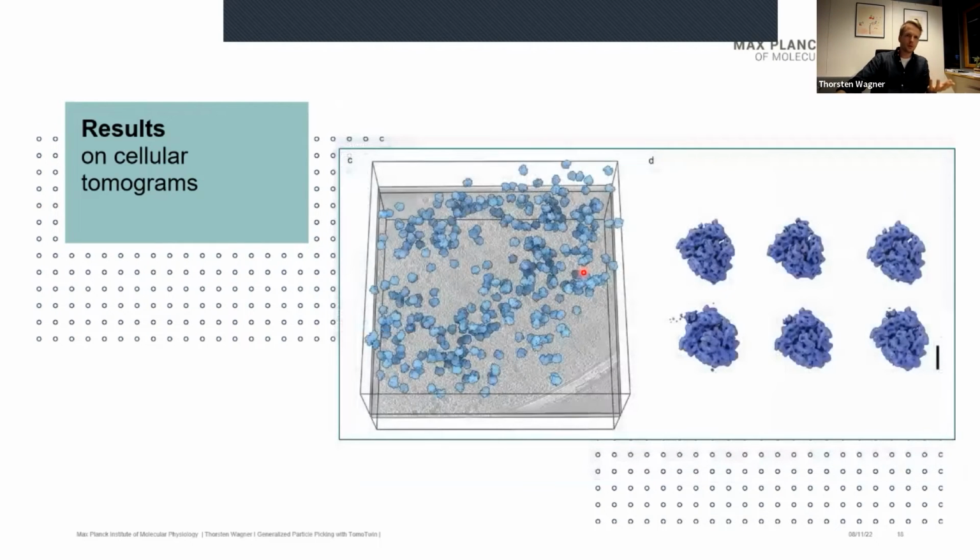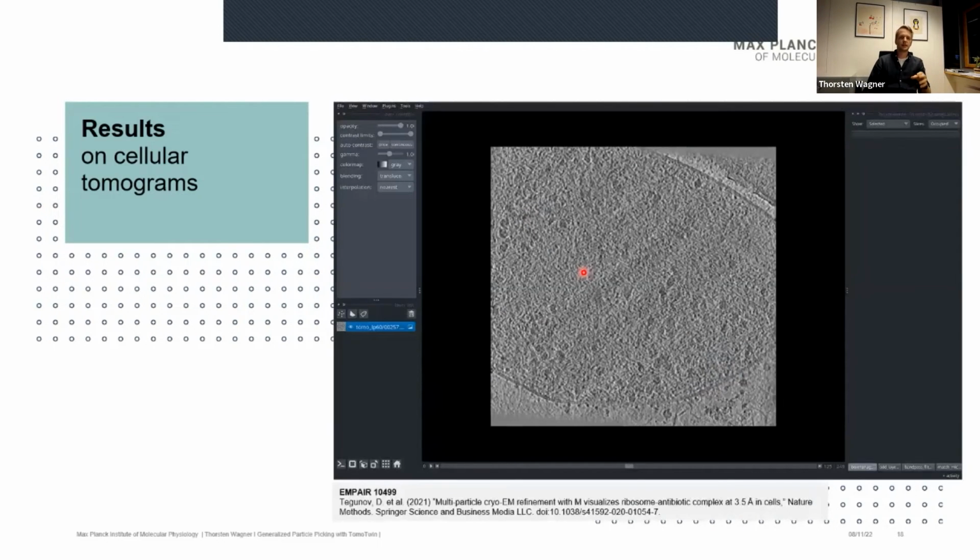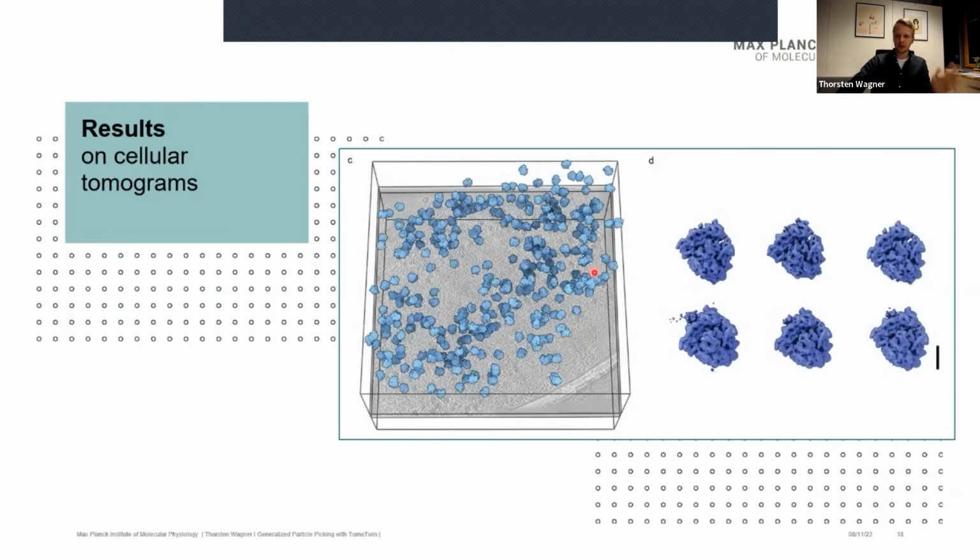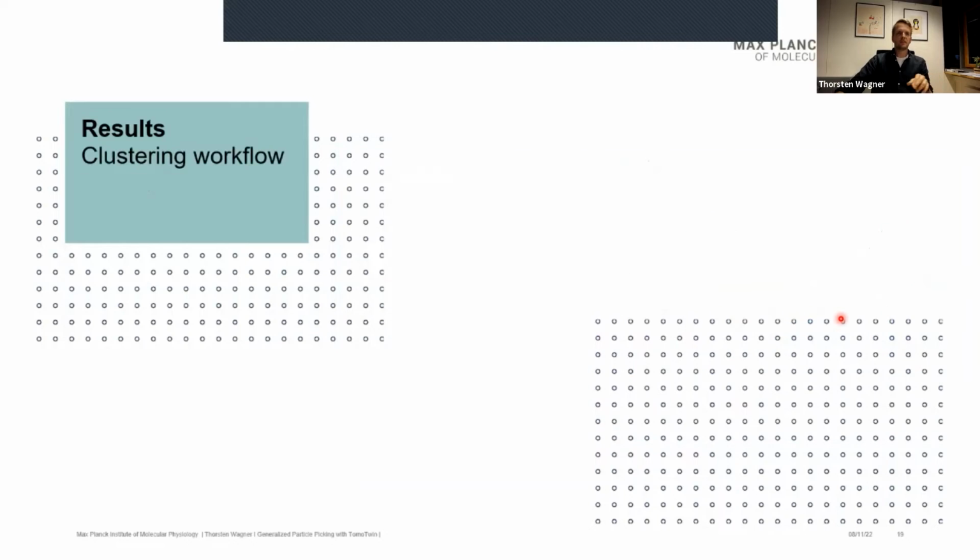So what we did, we ran the picking here, and then we optimized the threshold, and we got nice picks. We processed them, and we ended up with the ribosome clusters. And I think this already indicates that picking was quite accurate. The next thing I would like to talk about is the clustering workflow.